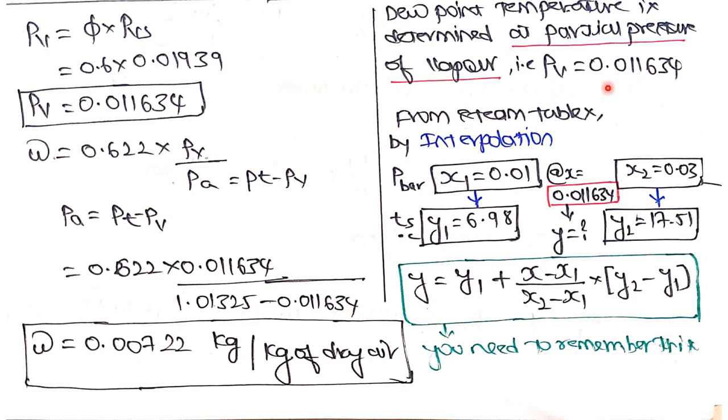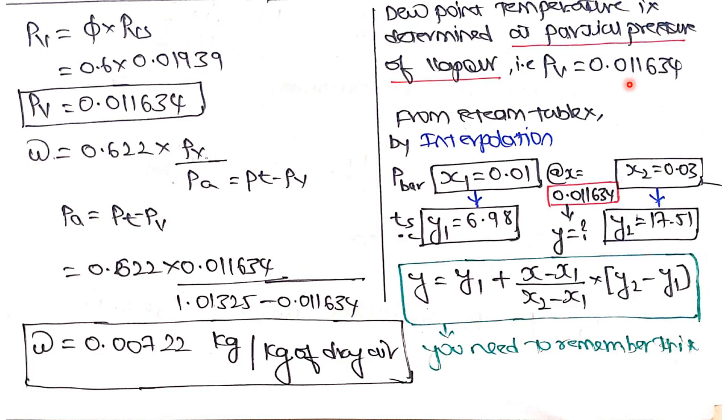So the PV value is 0.011634. Now what you have to do is go again to the steam table, but now you have to refer to the pressure basis steam tables. That will be given at the first itself. At the first you will get this pressure basis steam table. In that, you have to match this particular pressure.